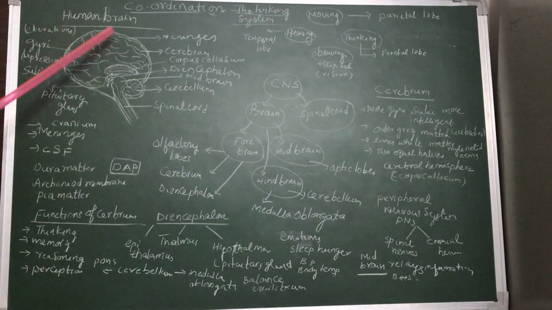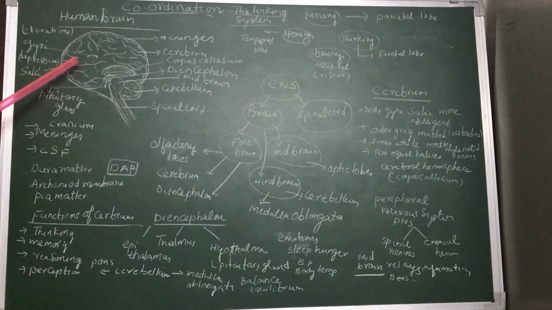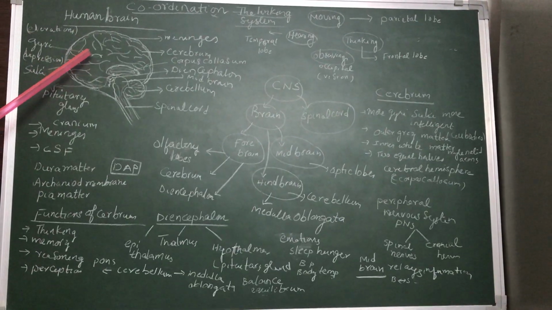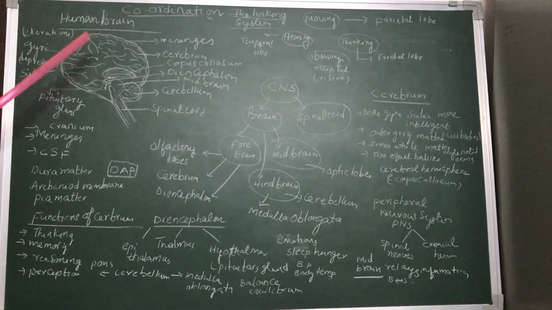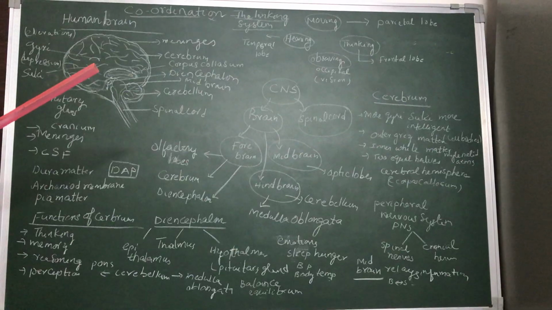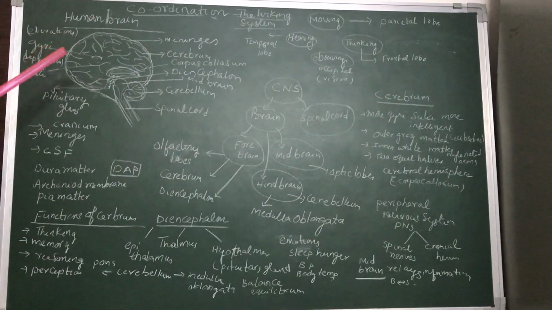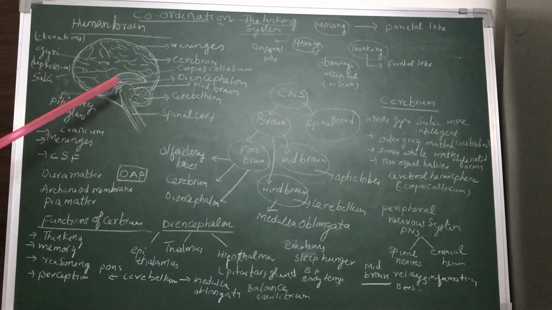The largest part of the brain is called cerebrum, and the cerebrum is divided into two equal halves called cerebral hemispheres, the left cerebral hemisphere and the right cerebral hemisphere. Both cerebral hemispheres are connected with a bundle of neurons called corpus callosum.